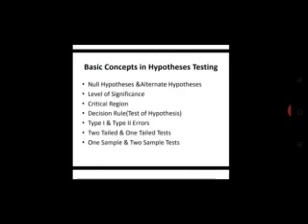I have already given the examples of null hypothesis and alternative hypothesis. Level of significance. We have to analyze the level of its significance. Critical region, decision rule or test of hypothesis. These points we are going to study further in the lecture.